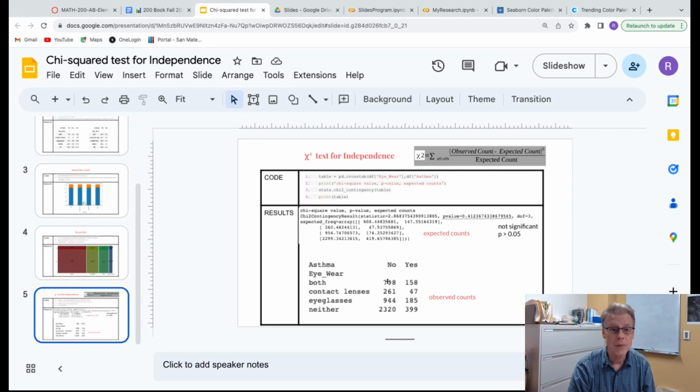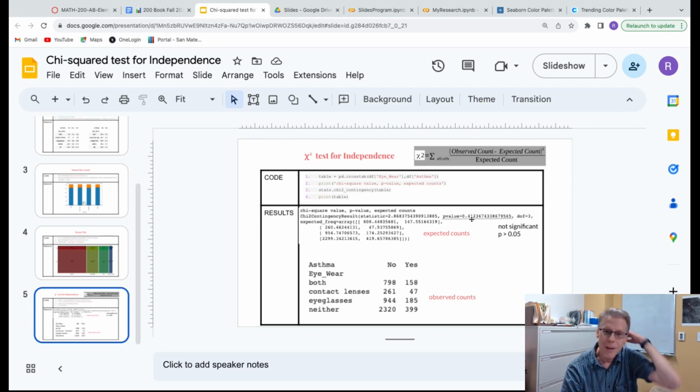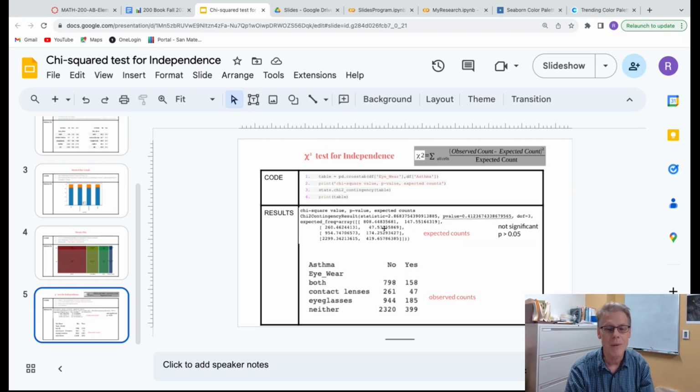But they do that for every cell. So they go 798 minus 808, blah, blah, blah, square that, divided by 808, blah, blah, blah. And then they go 158 minus 147, blah, blah, blah, and square that, and then divide by 147, blah, blah, blah. And sorry, I keep saying blah, blah, blah, but I don't want to say all these decimal numbers. I probably should figure out how to round this so this table comes out rounded, but I don't know how to do that.